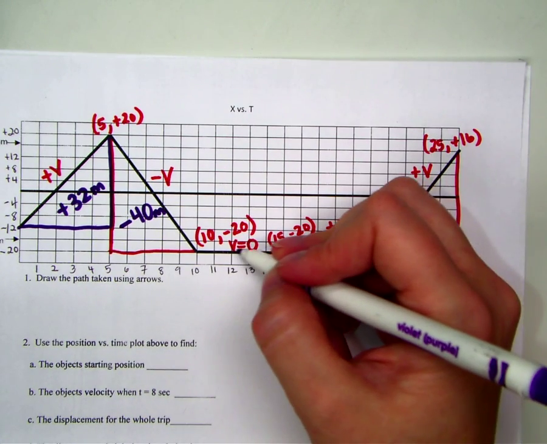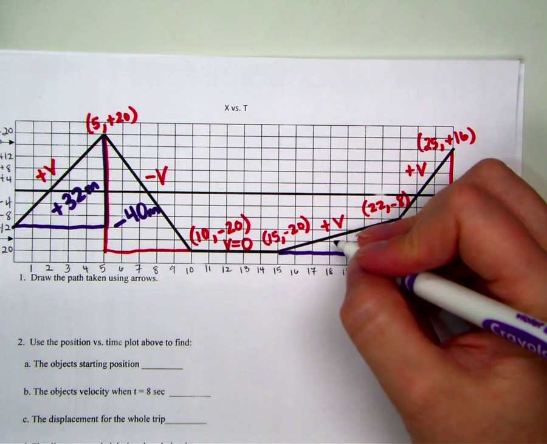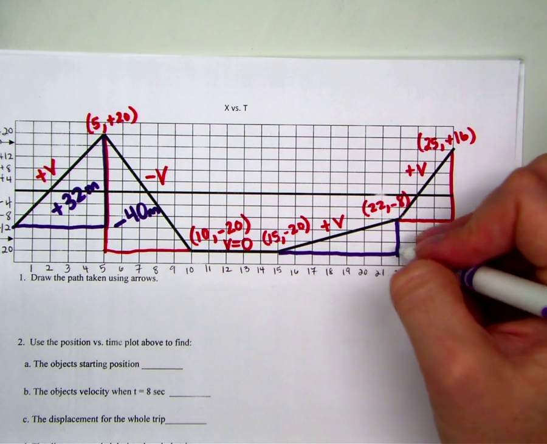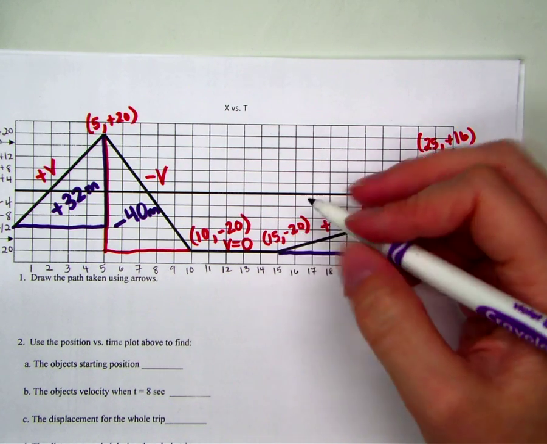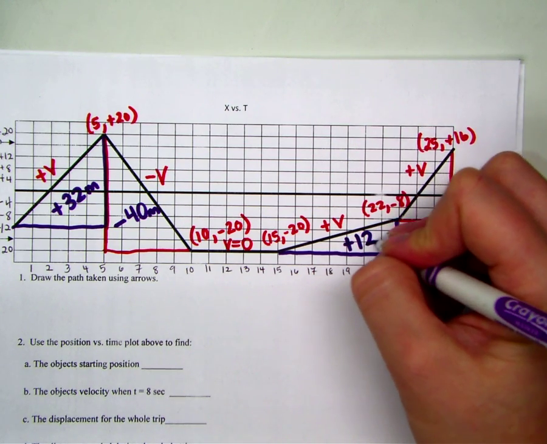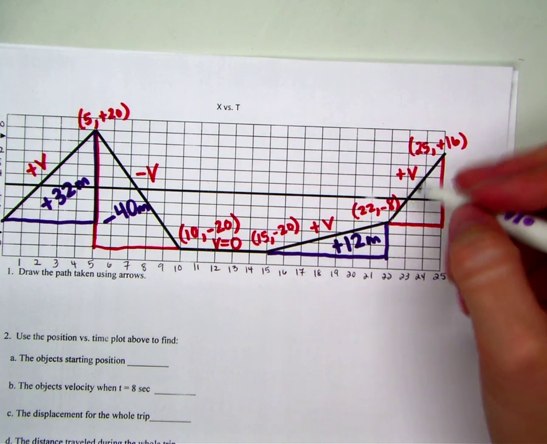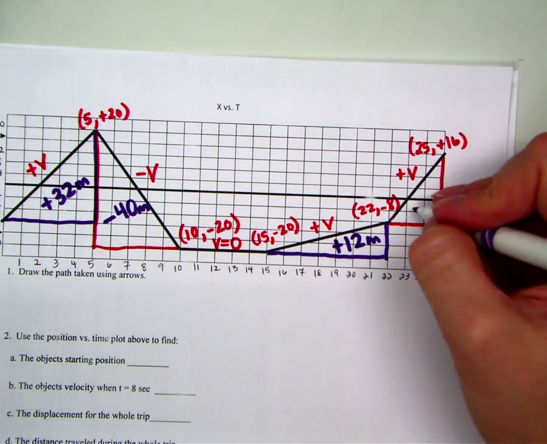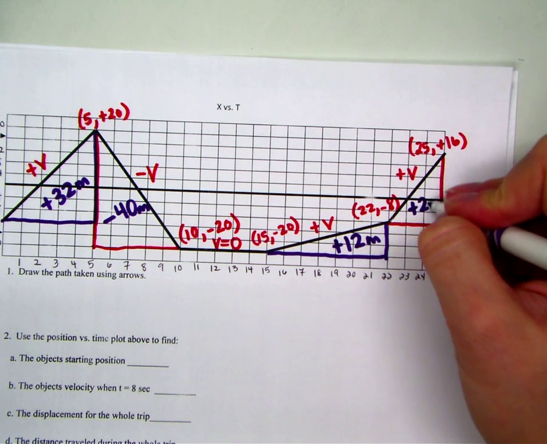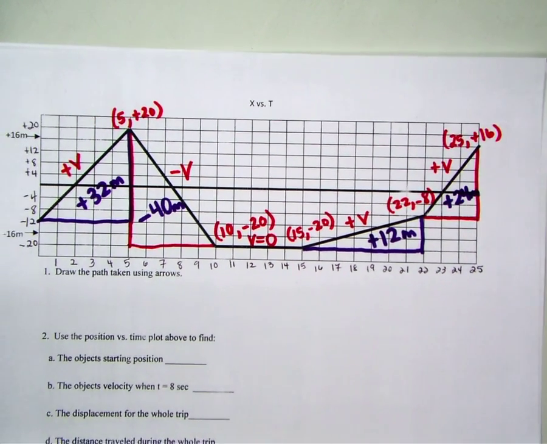We know if the velocity is 0, the displacement is also 0. The next segment is in the positive direction, and it goes from -20 to -8, so that's +12 meters. The last segment is also positive. It goes from -8 to +16, which is +24 meters. Now we have all of our displacements.